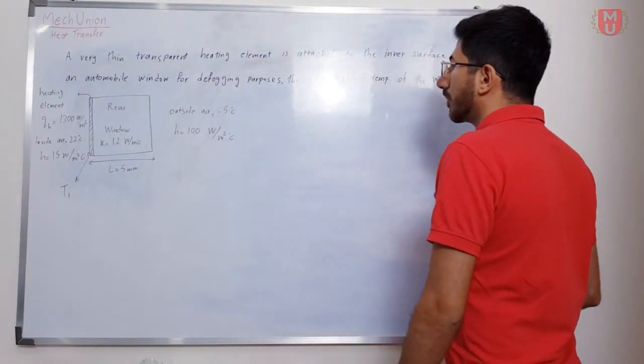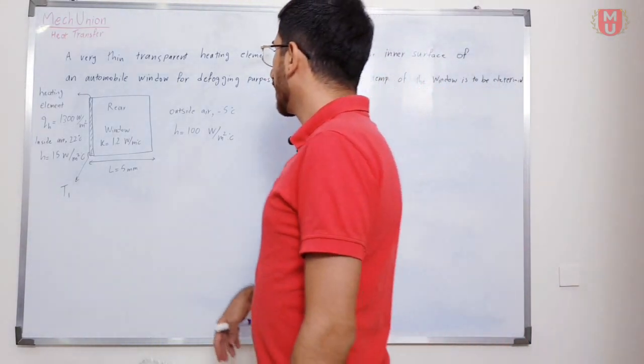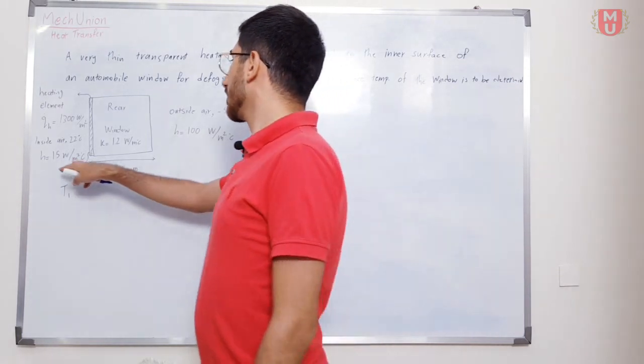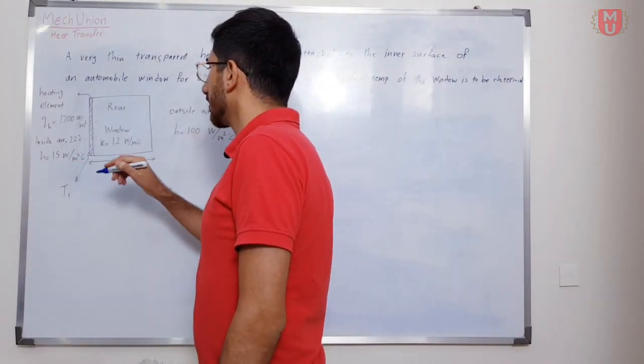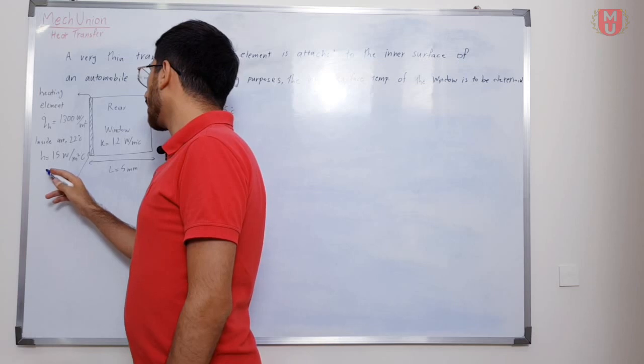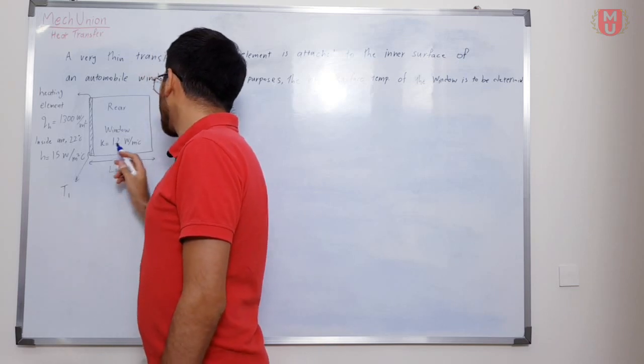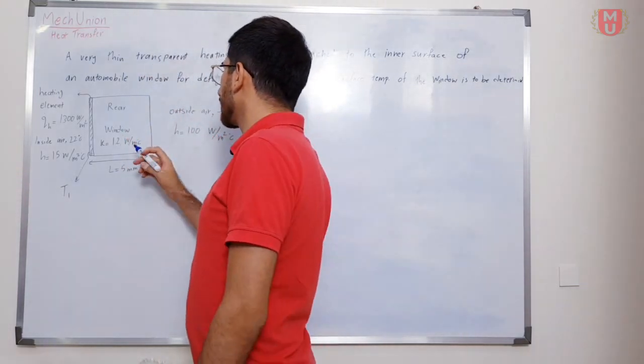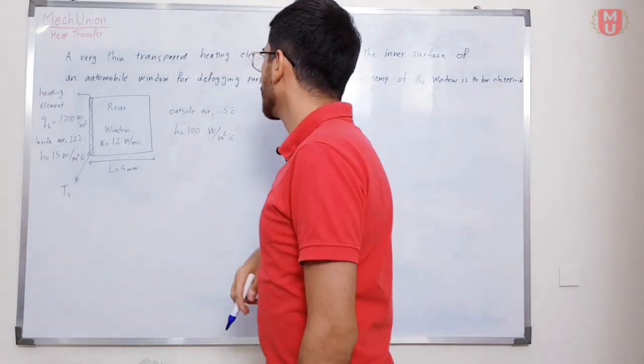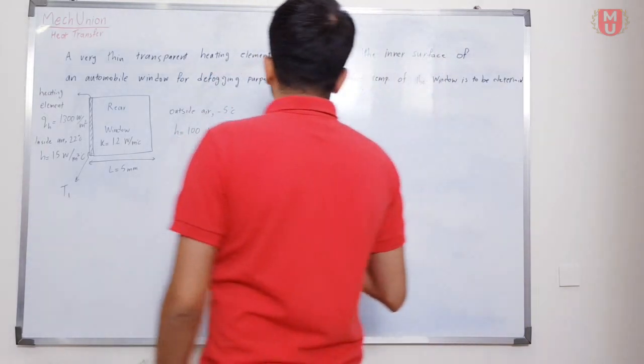Okay, by using thermal resistances, we have three kinds of thermal resistances: R of H, R of K, R of Cartesian K, and another R of H. We write it down.